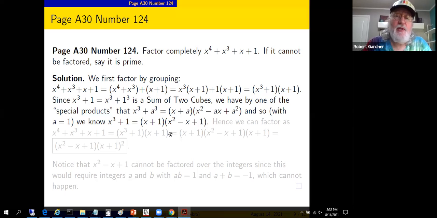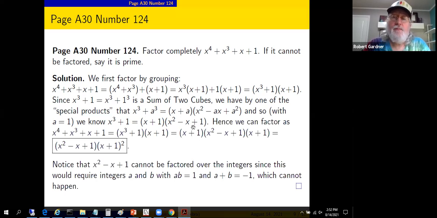It can be factored into this product. So the original polynomial, having already been written as x cubed plus 1 times x plus 1, can be further factored by factoring the x cubed plus 1 into x plus 1 times x squared minus x plus 1. And there we have a product of 3 prime things.